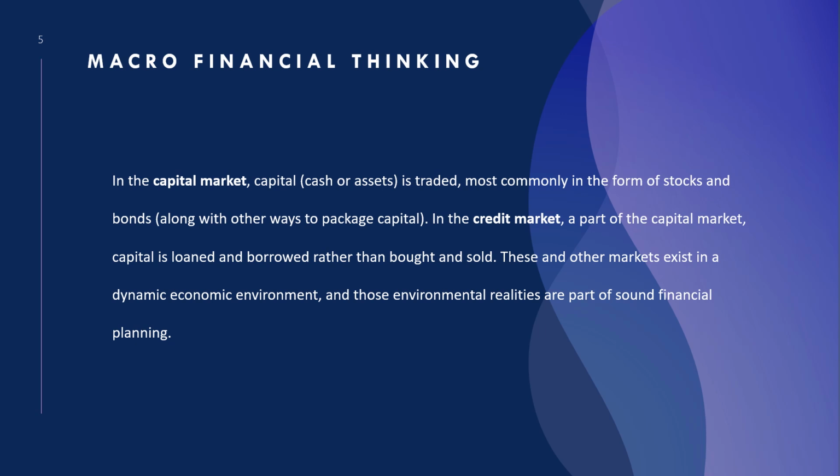These and other markets exist in a dynamic economic environment, and those environmental realities are part of sound financial planning. To help plan for these potential changes, you should monitor interest rates to decide the best time to borrow, as well as diversify investments to reduce risk during market volatility.